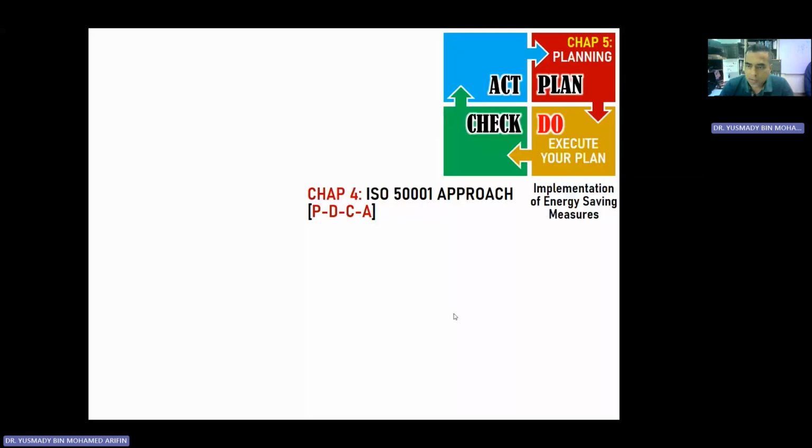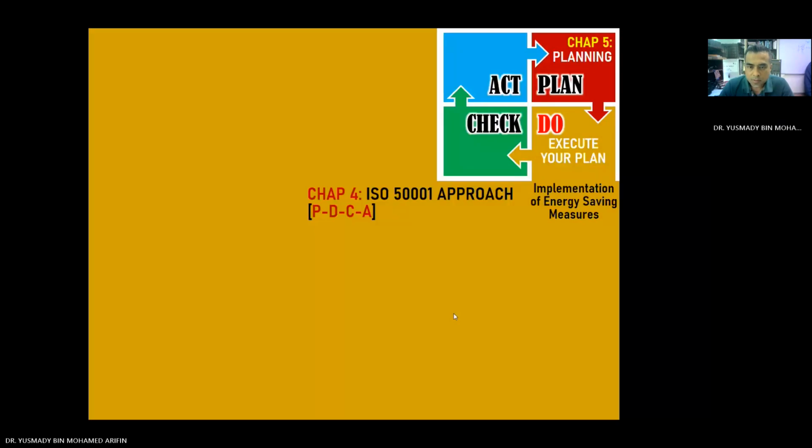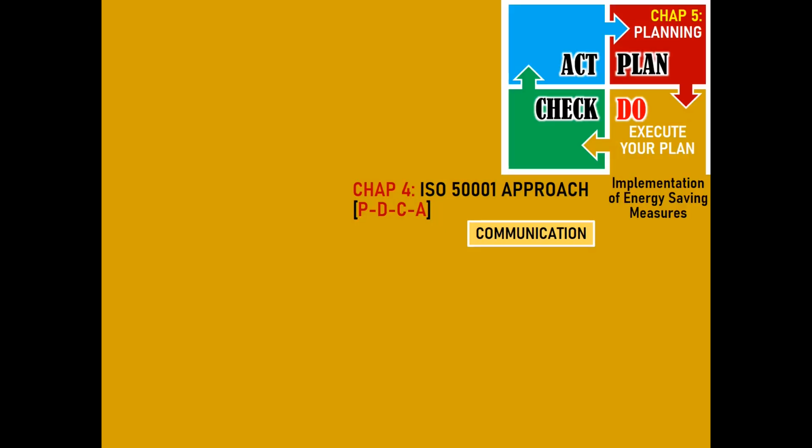Execute the plan based on the implementation of energy saving measures under communication, by implementing good and effective communication. This aspect will enable effective implementation, awareness, and engagement throughout the organization.